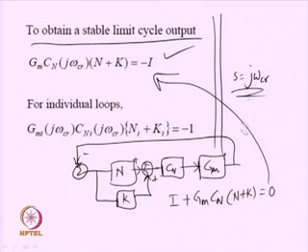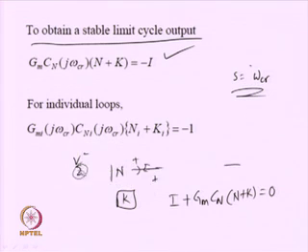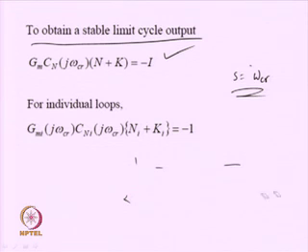Okay. Now, since we have 2 loops, substitution of the diagonal matrices results in Gmi of j omega Cr times Cni j omega Cr times Ni plus Ki is equal to minus 1, for the individual loops.